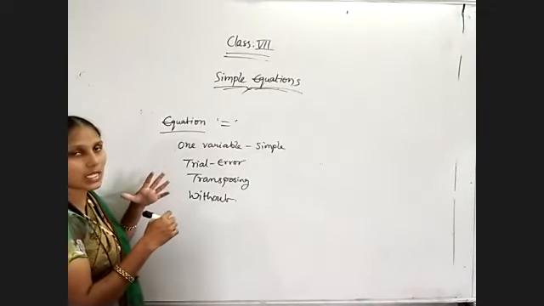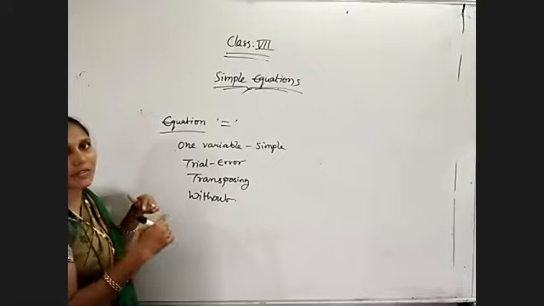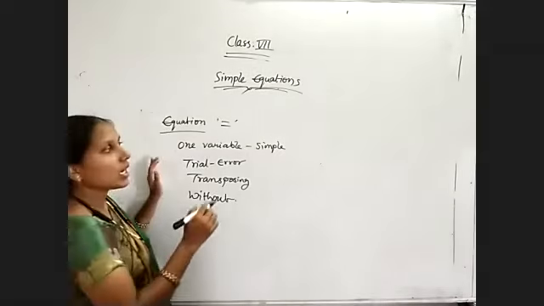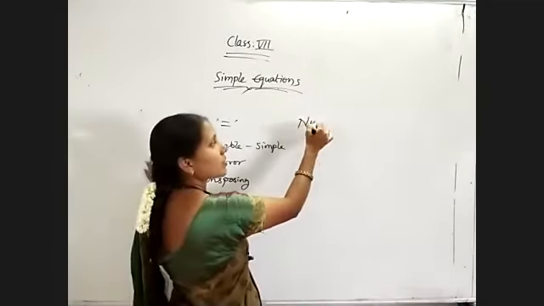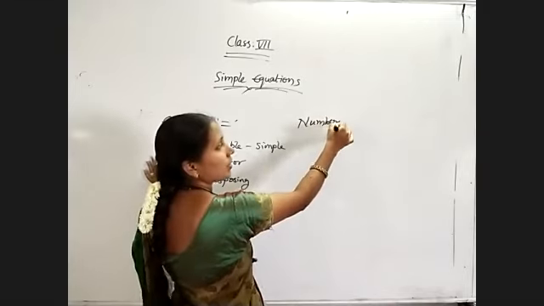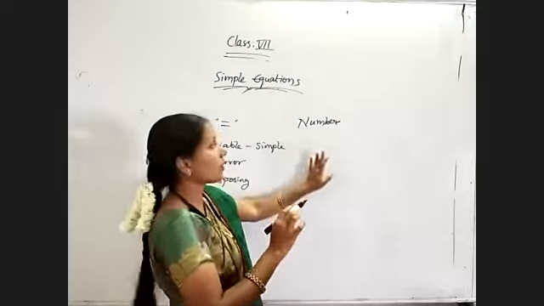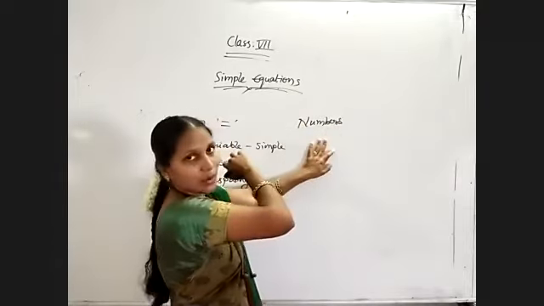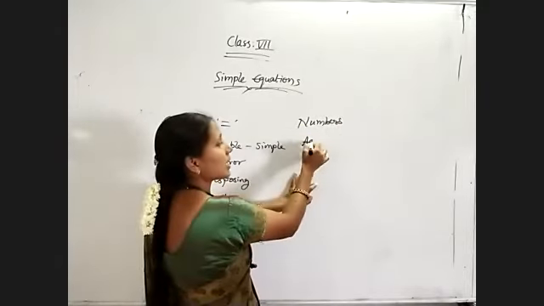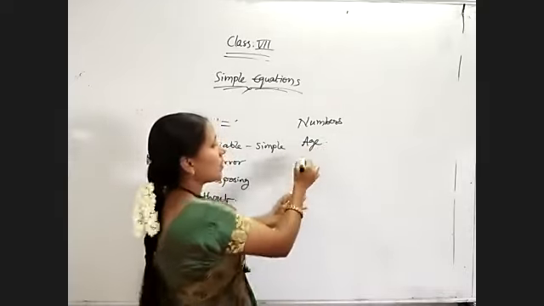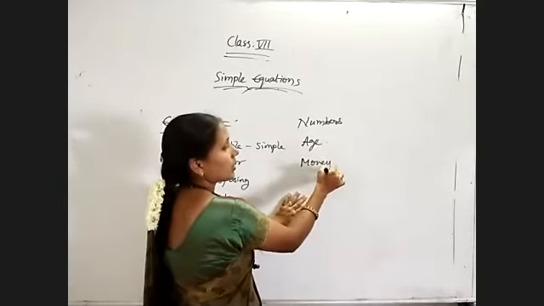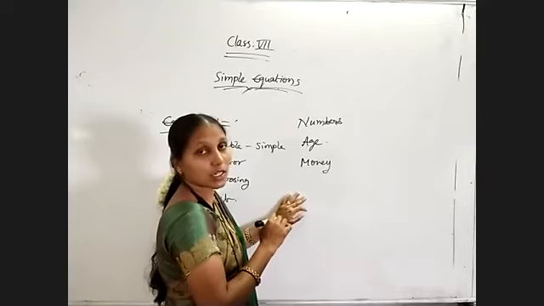We have also studied different types of daily life questions and how to solve them using simple equations. Number related problems, that means consecutive numbers or even numbers, or what is that number. So many questions we have done on number related problems. Next, age related problems also. Money, number of 50 rupees notes, 10 rupees notes, like that.